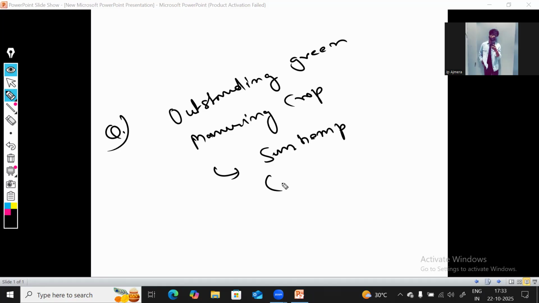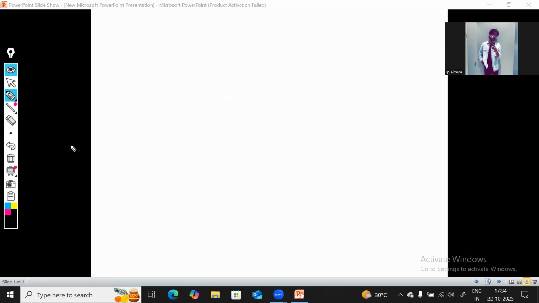If you are asking for the scientific name, the answer is Crotalaria juncea. The most outstanding crop for green manuring is Sunhemp, Crotalaria juncea.